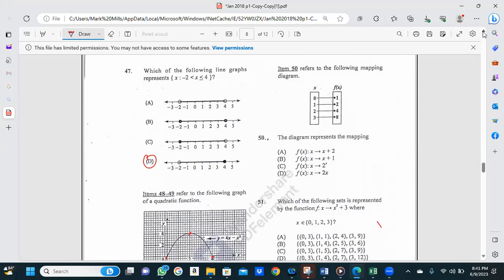I think it's 2 to the x, no? So I think it's this one here, 2 to the x. Why 2 to the x? 2 to the 0 power will give me 1. 2 to the 1 power will give me 2. 2 to the second power will give me 4. Then 2 to the third power will give me 8. So the answer is C.